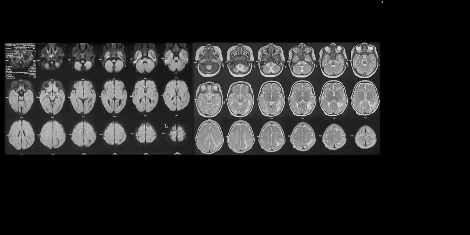Yes, sir. I don't have ADC, but on the diffusion, if you can appreciate, the central white matter and the periventricular white matter have some areas of restricted diffusion going up to the corona radiata. These are the main findings on diffusion.